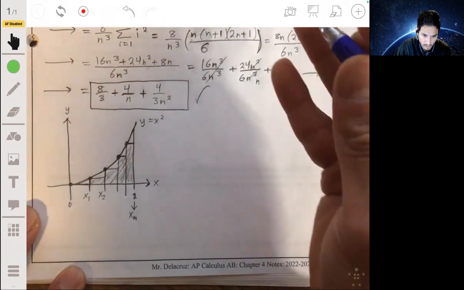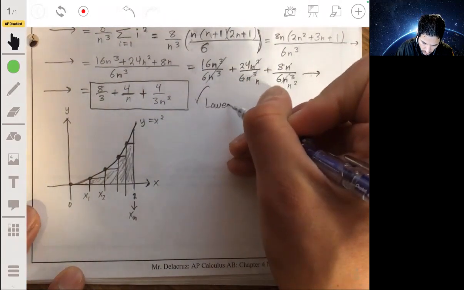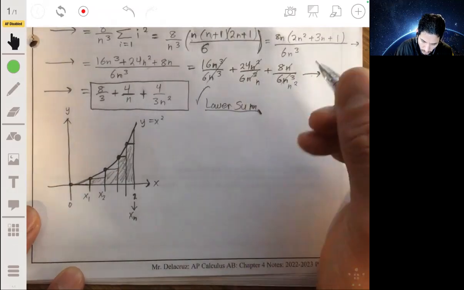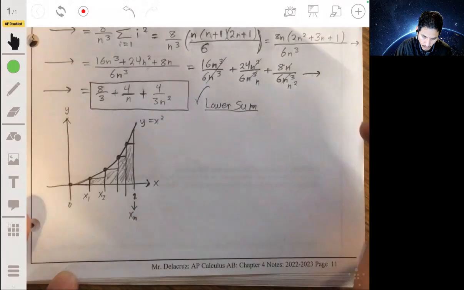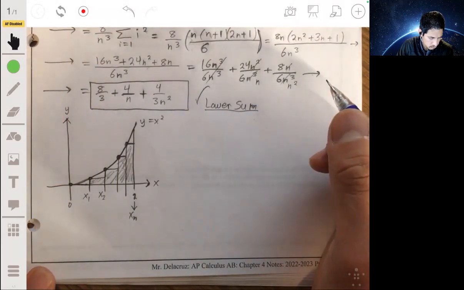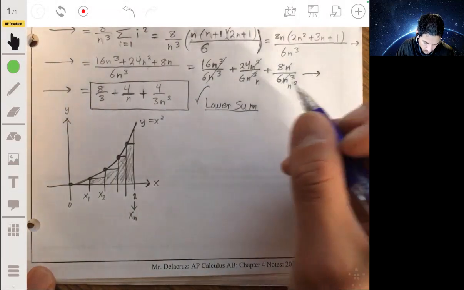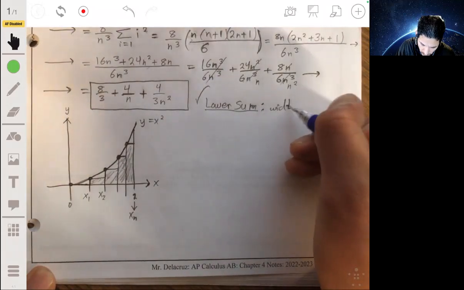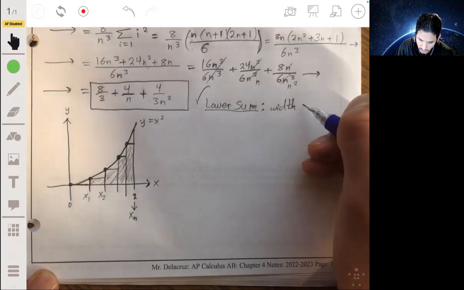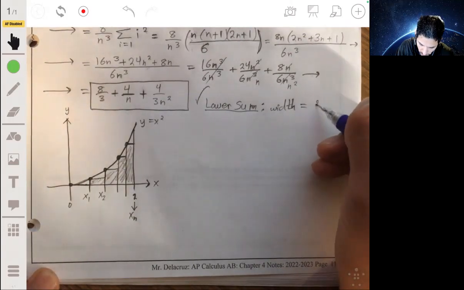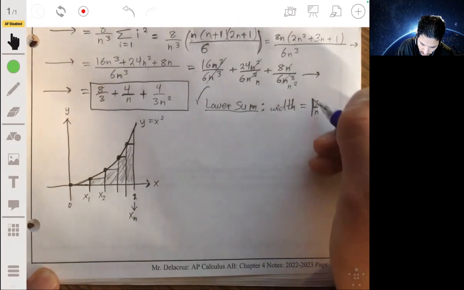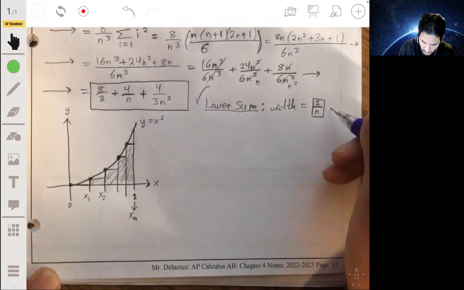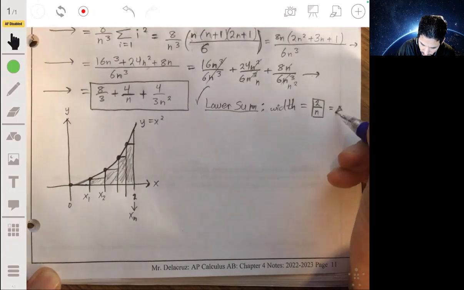So, lower sum. The width will still be the same. The width will still be delta x, which is 2 over n. Because the total interval is still 2, so the width will still be 2 over n, and that again is just your delta x.